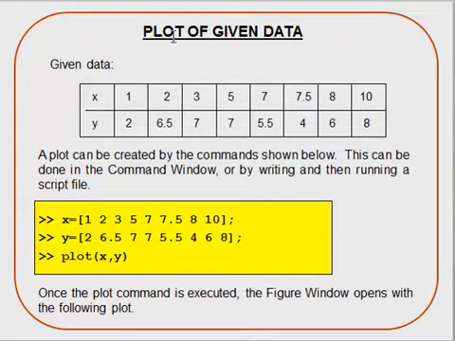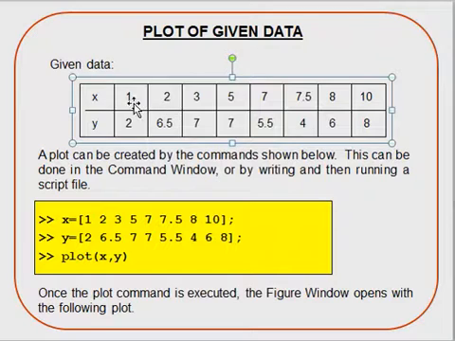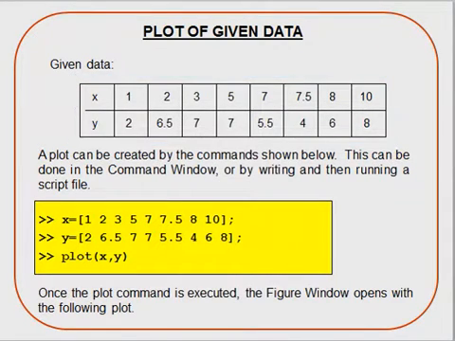So here's a plot of the given data. It's a quick example. First, the x and y vectors are filled with the appropriate data, so 1, 2, 3, 5, whatever. And then the plot(x,y) command is located underneath that data.